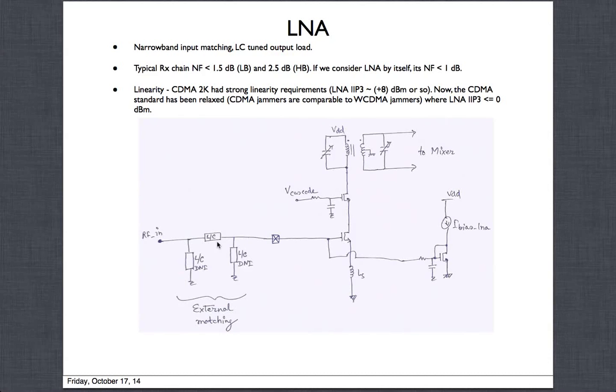Typically what happens is, if you remember a narrowband LNA, which is what is shown here, this is the package pin, and then it goes inside. There is some sort of biasing circuitry here which takes a bias current, filters it with this RC filter to make sure all the noise is filtered out, and then it biases this device, which is a simple NMOS amplifier with a cascode for isolation between input and output.